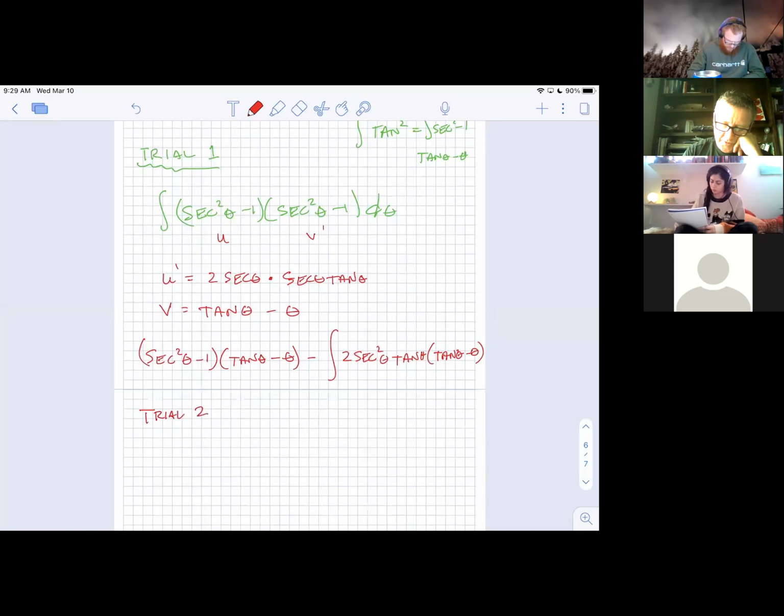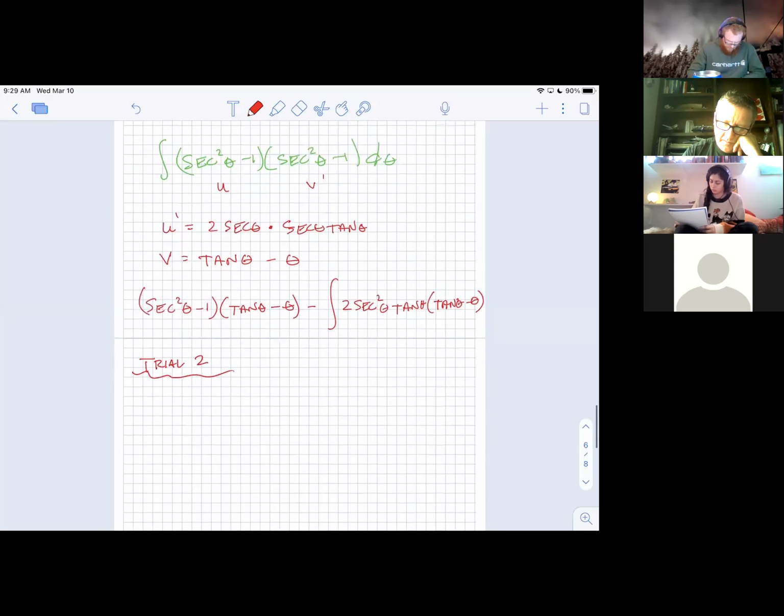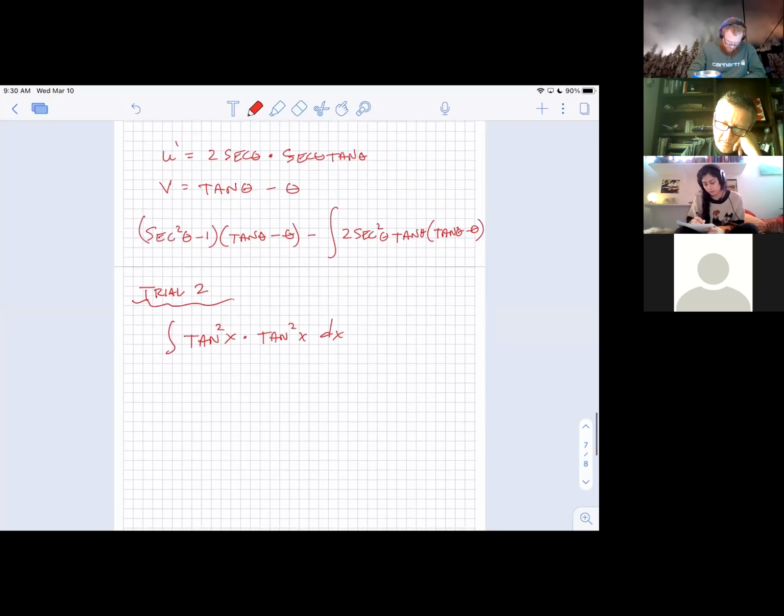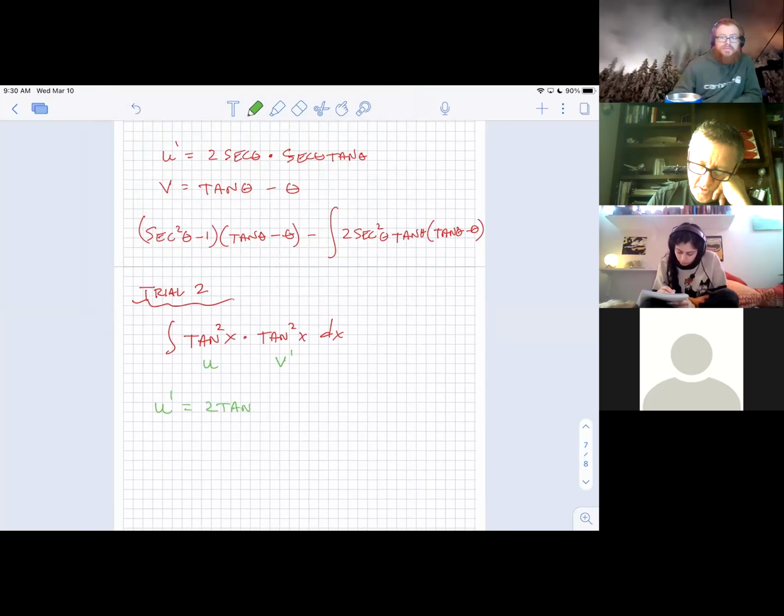Trial number 2. I'm going to think of this as the integral of tangent squared times tangent squared, and let u be one of them and v prime be the other. So the derivative of junk squared is 2 times the junk times the derivative of the junk.